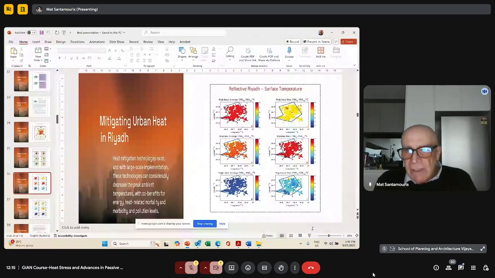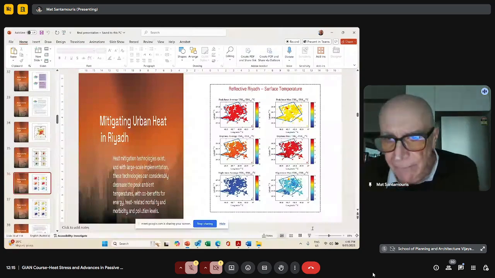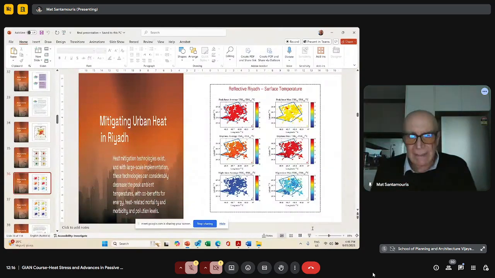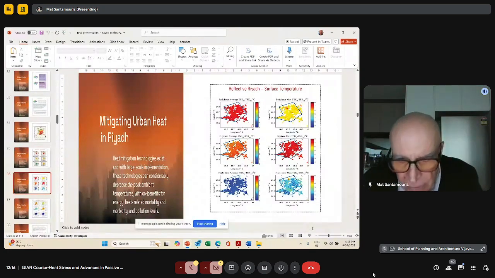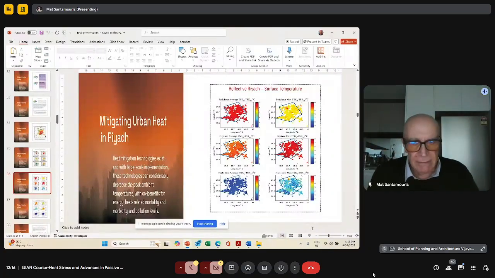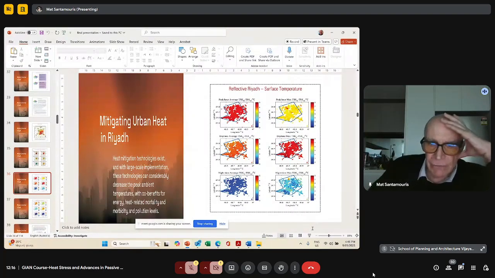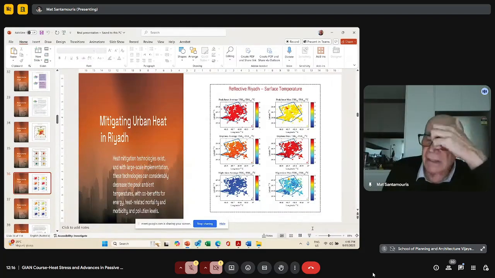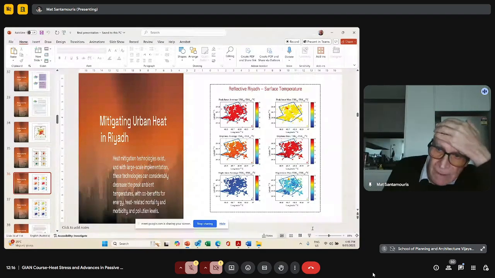On the contrary, we have a very significant decrease of the surface temperature. And this was the ultimate goal of this mitigation technology, because we wanted to decrease the surface temperature and at the same time decrease the release of sensible heat.